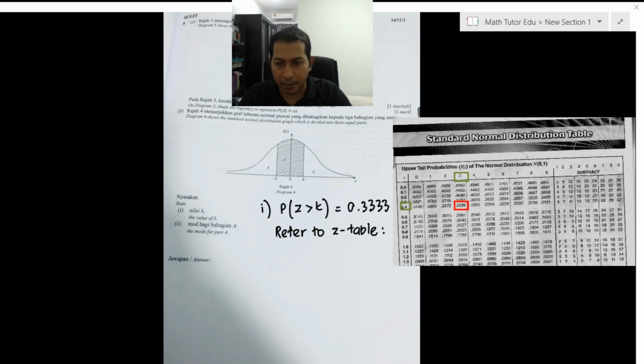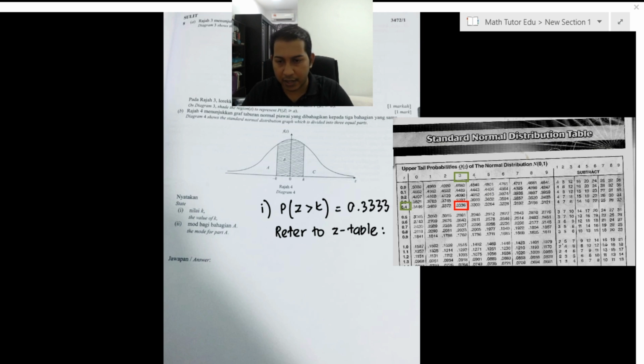But then we have a problem here. We need to make sure this 6 becomes 3. So we try to subtract the smallest number possible. Here you have 4, 7, 11, so you subtract 4 and you get 0.3332, not 0.3333. You have no choice, so just follow the Z table.